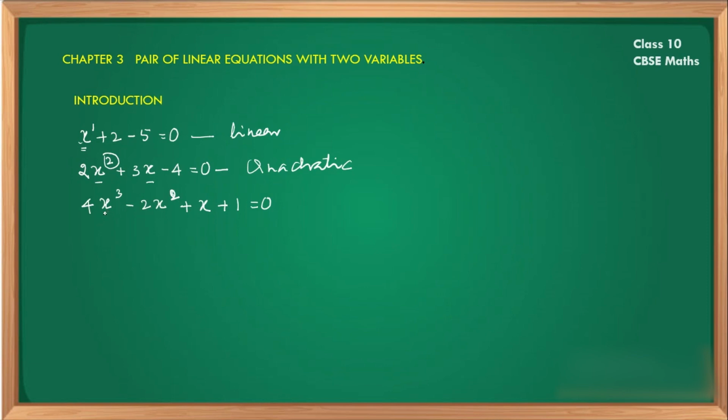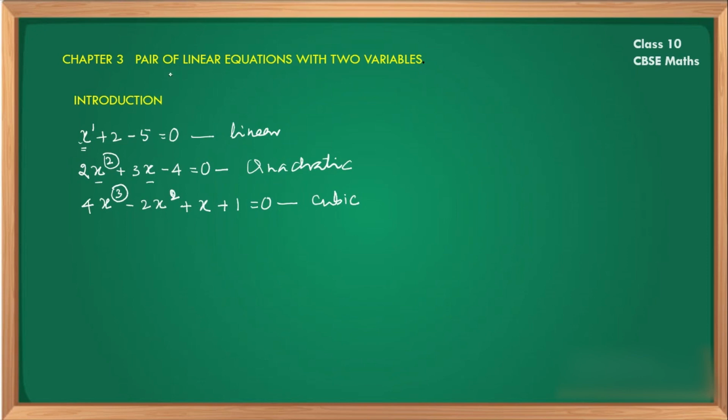Here you can see again there is only one variable, that is x. In all these terms you have only one x, but the powers are varying. Here you have 1, here you have 2, and here you have 3. What is the maximum degree of the equation? Yes, you are right, that is 3. Now such equations are called cubic equations.